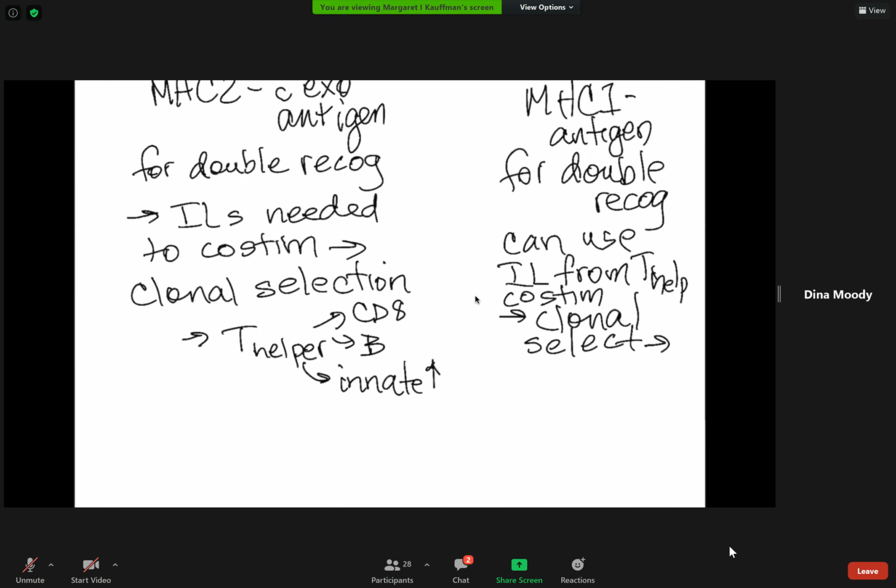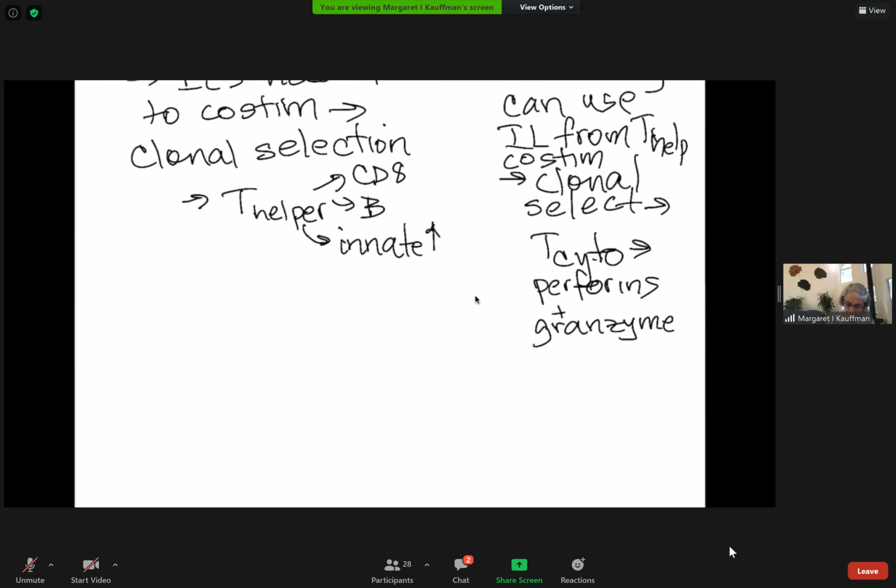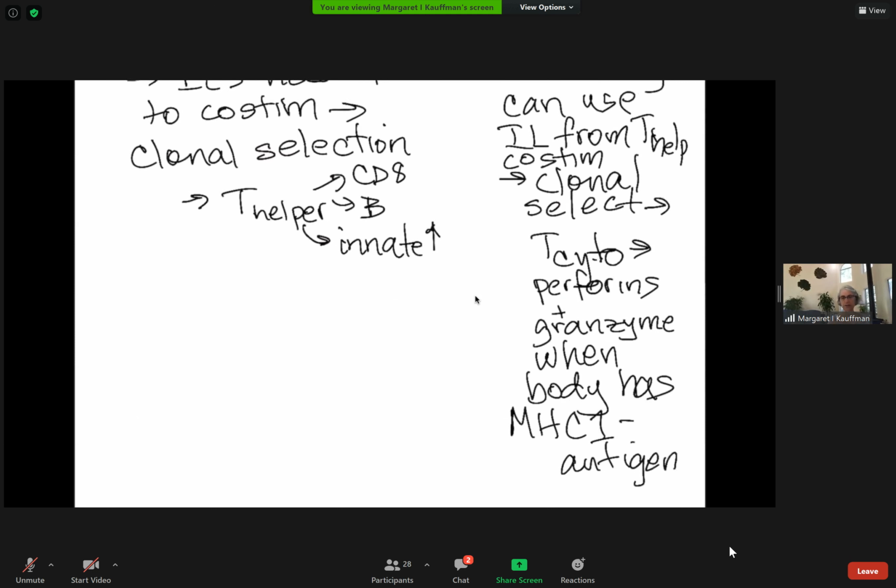Yeah, I think so. And that leads to T cytotoxic plus the T memory, which releases perforins and granzymes to kill infected body cells. Now, in order to kill those infected body cells, let's put this down. When a body cell displays MHC1 with the antigen, that's where we're talking about it being very, very narrow in its targeting.